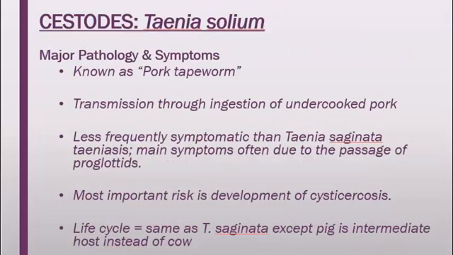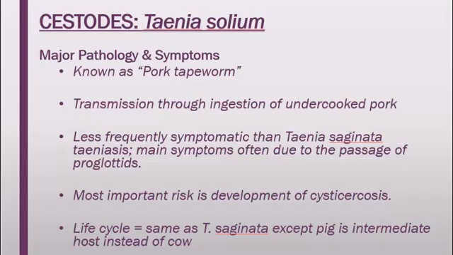Now let's talk about Taenia solium. This is our pork tapeworm. The transmission is through ingestion of undercooked pork. T. solium is less frequently symptomatic than T. saginata. The main symptoms are often due to the passage of the proglottids. The most important risk is development of cysticercosis.